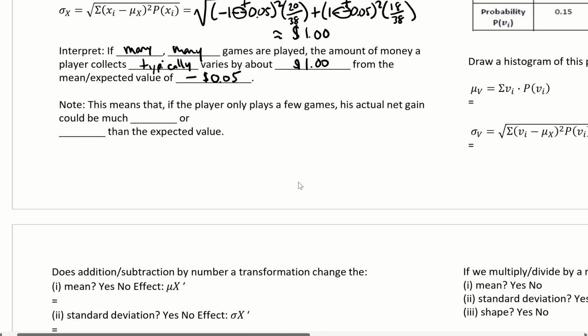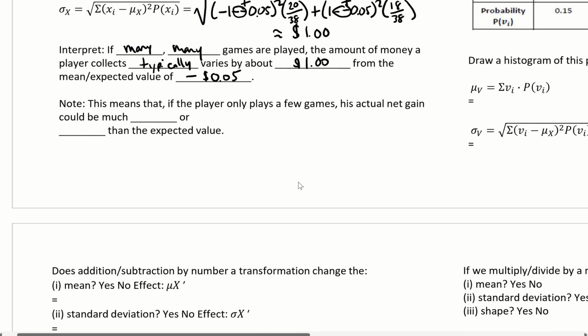Now note, this means that if you play only a few games, then your actual net gain could be much greater or much lower than the expected value, because the variability is pretty high. So yes, on average you would expect to lose, but the variability is high.